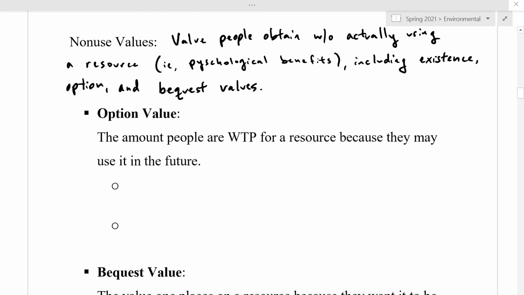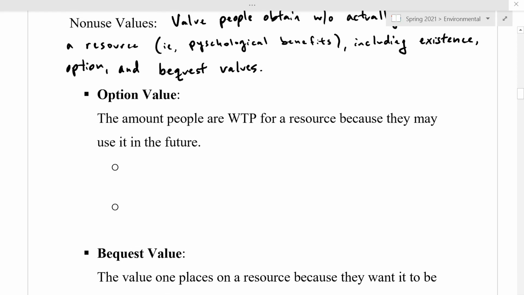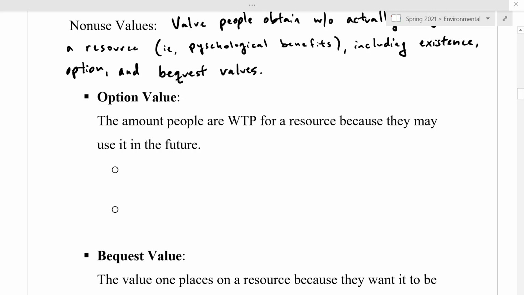So let's talk about those three. Let's start with option value. I should also say that option, existence, and bequest values are in many ways quite similar, and a single environmental resource may have not only all of these non-use values, but also the use values. To give a few examples, the option value is the amount people are willing to pay for a resource because they may use it in the future.